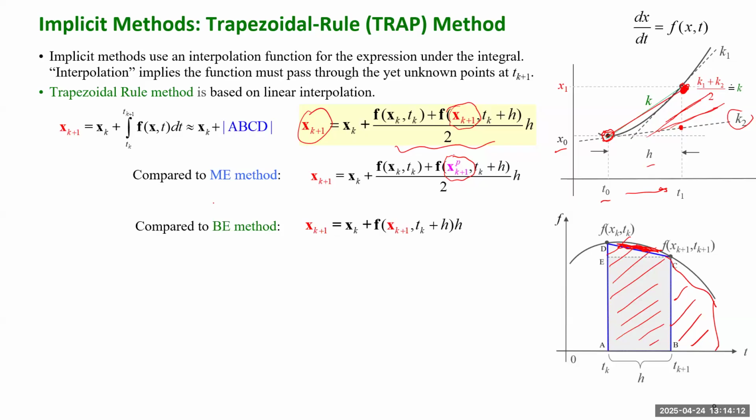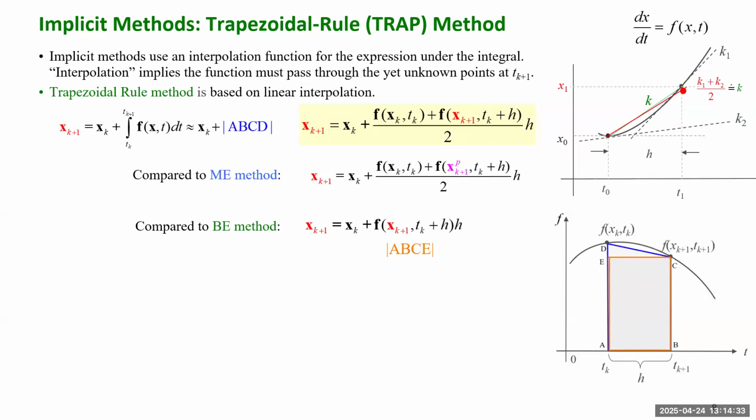Compare this to another implicit method, the simplest implicit method, the backward Euler method. Backward Euler uses just a single slope, but that single slope is taken at the ending point. Compared to the trapezoidal rule method, instead of using a trapezoid, it uses a rectangle area to approximate the total area under this nonlinear curve.